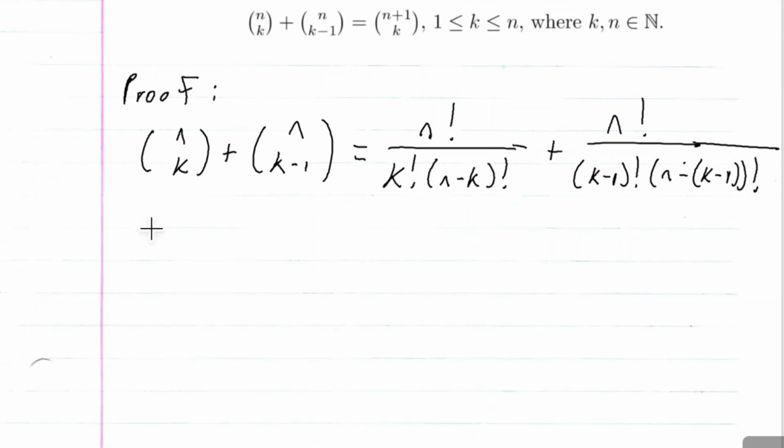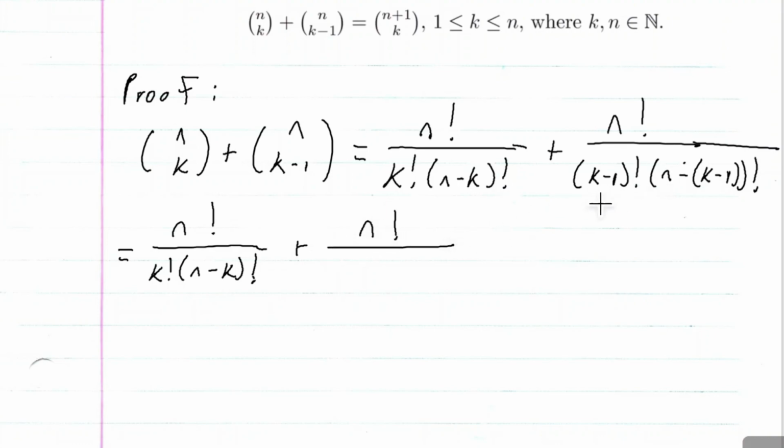All right, so this is equal to n factorial over k factorial times n minus k factorial, plus n factorial over k minus 1 factorial times n minus k plus 1 factorial, right? Because we have to distribute that negative.